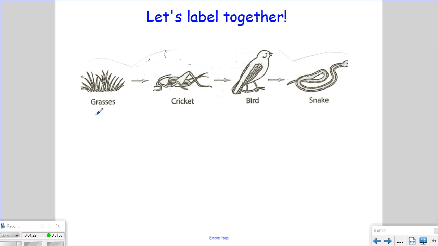So our grass here would be our producer, and then this would be our first trophic level. The cricket would be our primary consumer, and this would be our second trophic level.